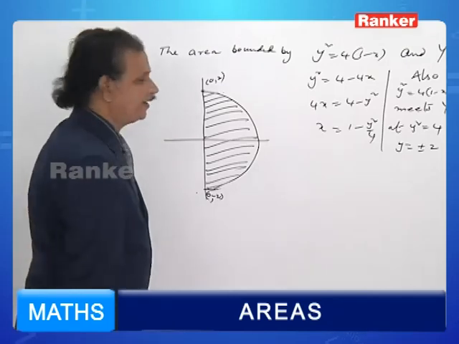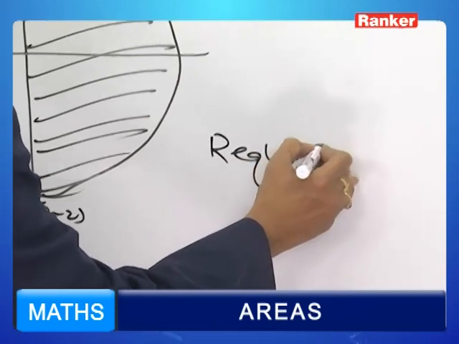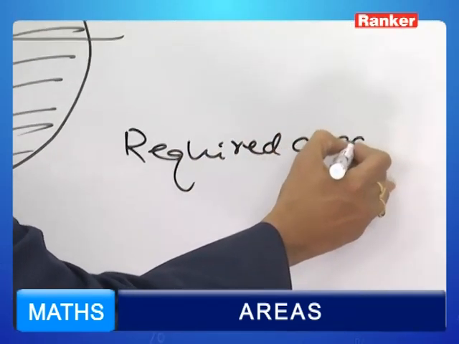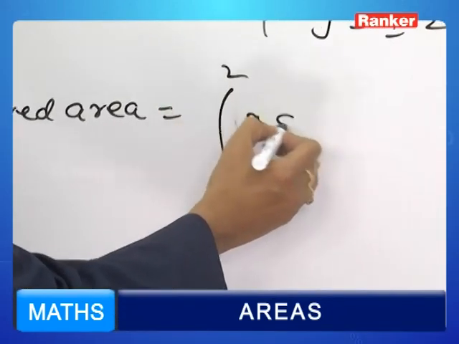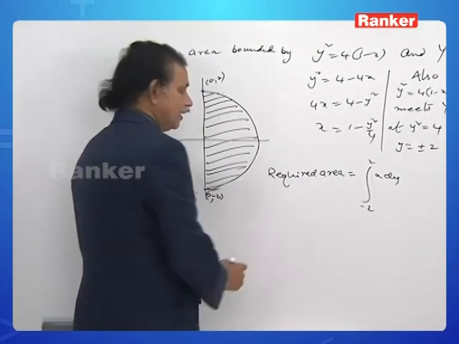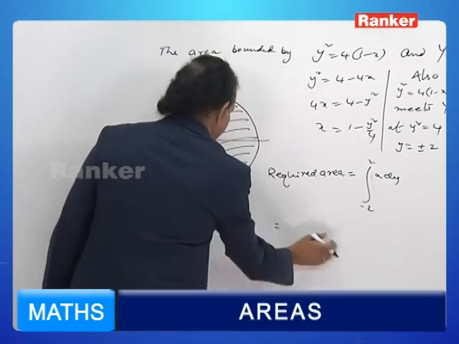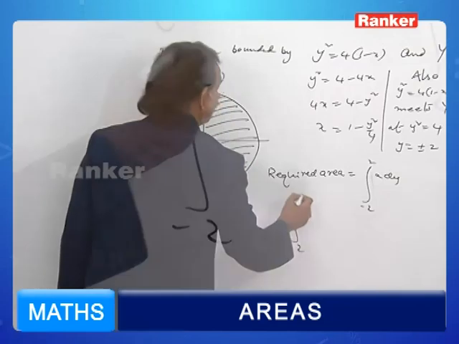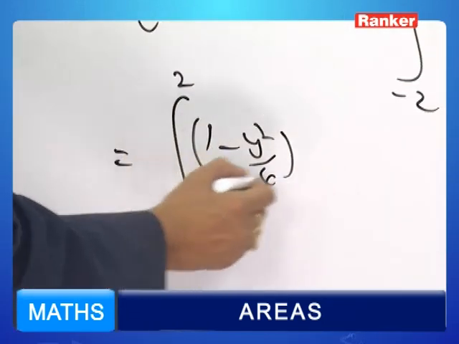That is the area required. Therefore, required area is equal to integral minus 2 to 2 x dy. That is integral minus 2 to 2. What is x? 1 minus y square by 4 dy.